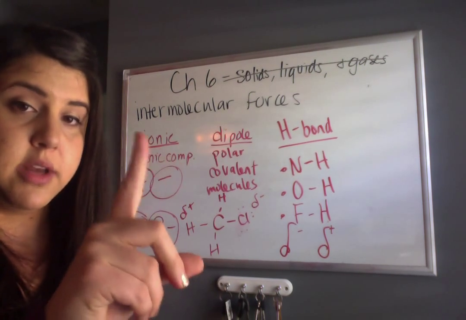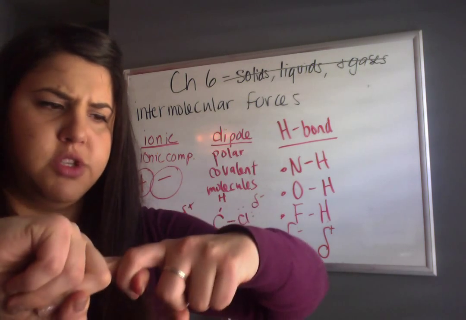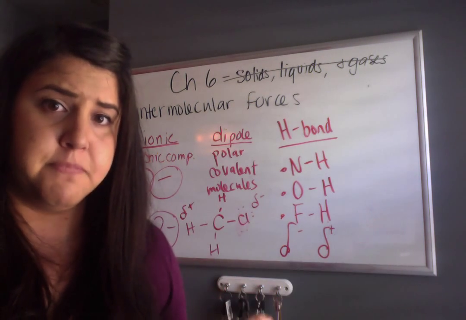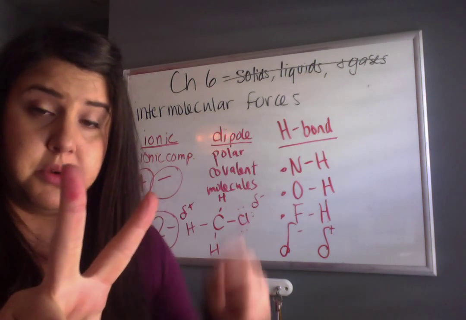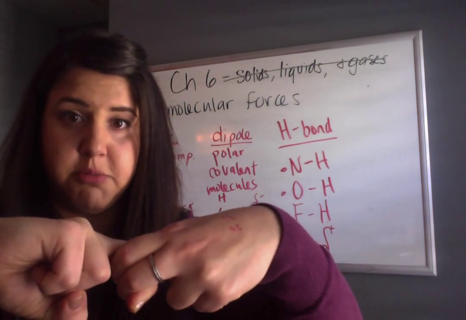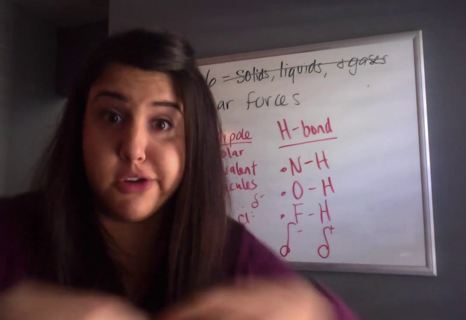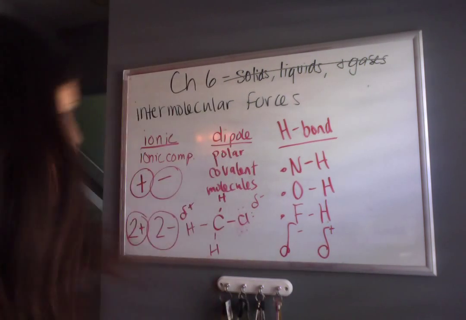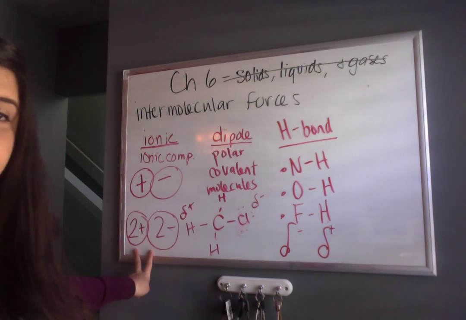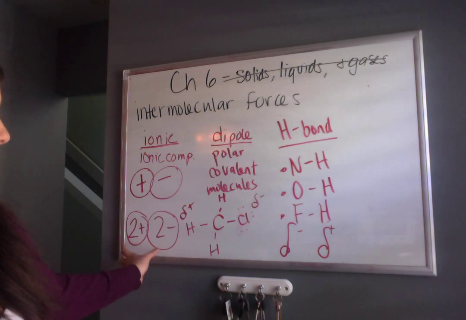If I have a +1 on this hand, a -1, and they go together, how difficult would it be for you to rip these apart compared to a +2 and a -2? Which one do you think would be more difficult to pull apart? This or this? You should have said this would be more difficult. So again, I see that if I increase the charges, I actually have a stronger ionic pull or ionic force in between them.